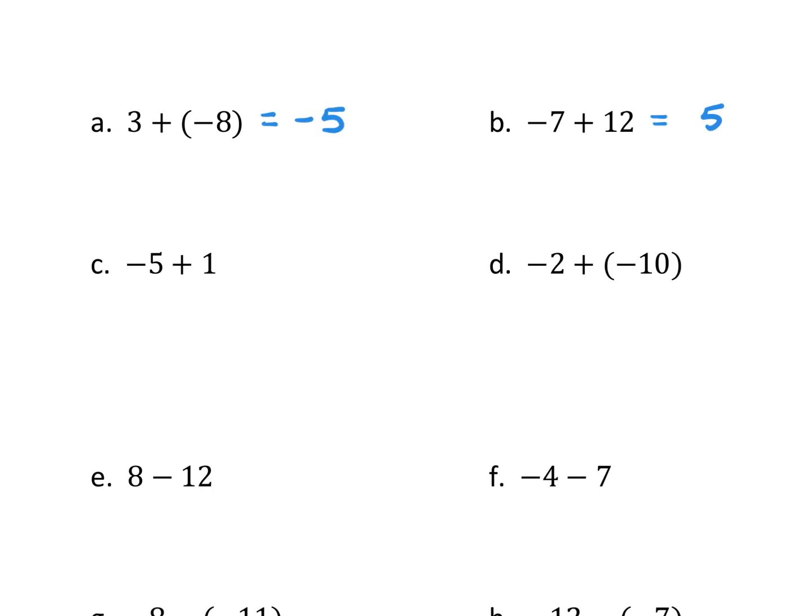For example C, we have negative 5 plus 1. And here we are adding, so we do want to think of same signs or different signs. We have different signs here, so we want to subtract. We're going to do 5 minus 1 is 4. And then because our larger number is negative, our answer is negative. And so our final answer is going to be negative 4.